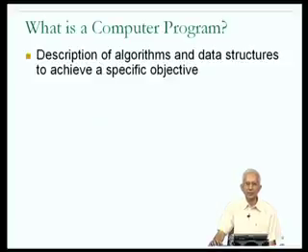So you write a program with some objective in mind. For example, you may be writing a program to multiply 2 matrices. That could be the specific objective. And the algorithm is the sequence of steps that you believe must be done in order to achieve that objective. And the data structures are the various pieces of data that are necessary in order to achieve the objective.